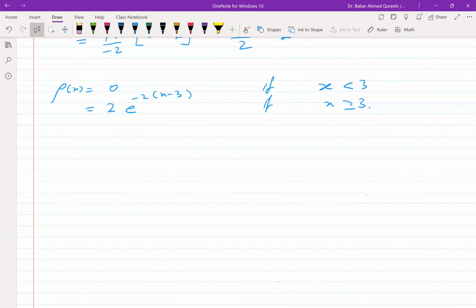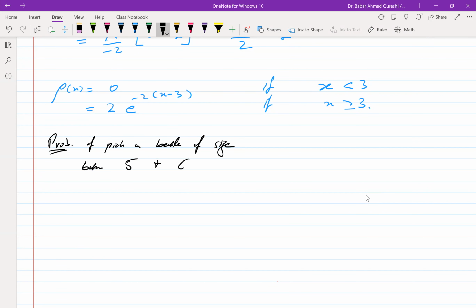Now suppose I ask this question: what is the probability of finding beetles? If I look into the jar and pick a beetle, what is the probability of picking a beetle of size between 5 and 6 centimeters? So now there's a full range.